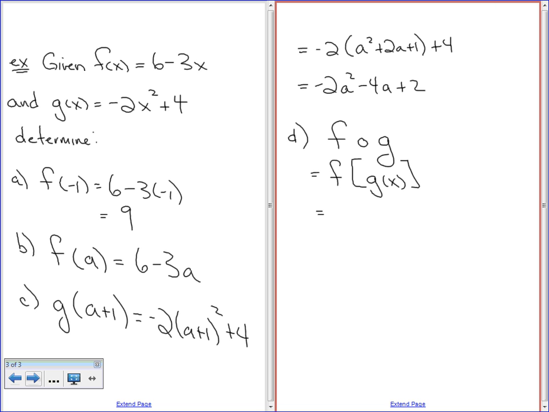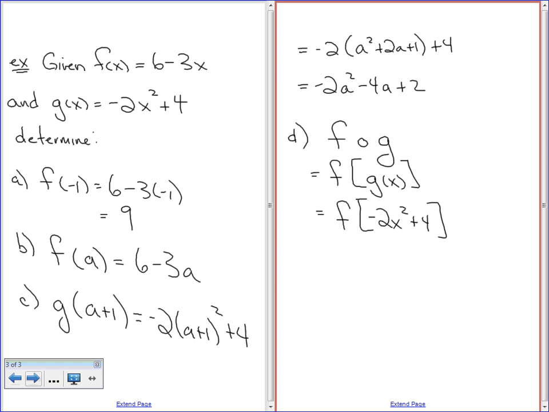Whenever you're working with composite functions, you're going to work with the inside function and then work your way out. So the first thing you're going to replace is what g of x is equal to. By definition, g of x is equal to negative 2x squared plus 4. So I'm just taking this and replacing it in here. So it becomes f at negative 2x squared plus 4. Does that make sense? I'm just replacing what g of x is equal to, because it told me what it was in the question.